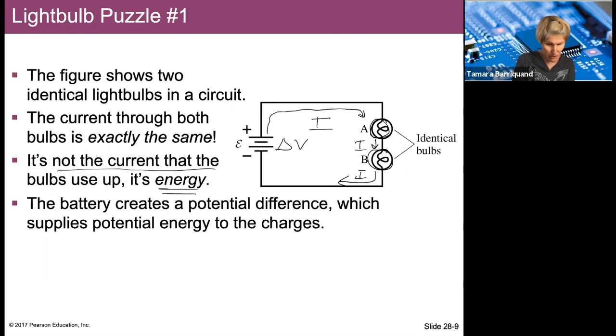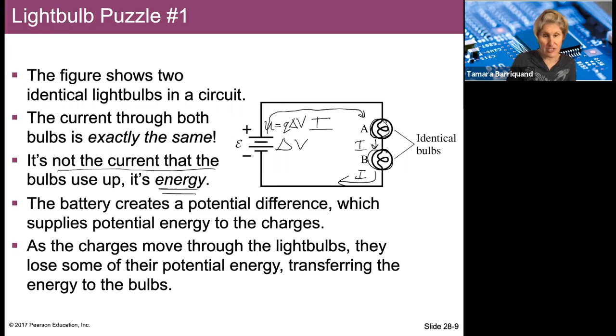As we move those charges up here, they get a potential energy equal to Q, the charge, times delta V. As the charges move through the light bulbs, they lose some of their potential energy, transferring the energy to the bulbs.